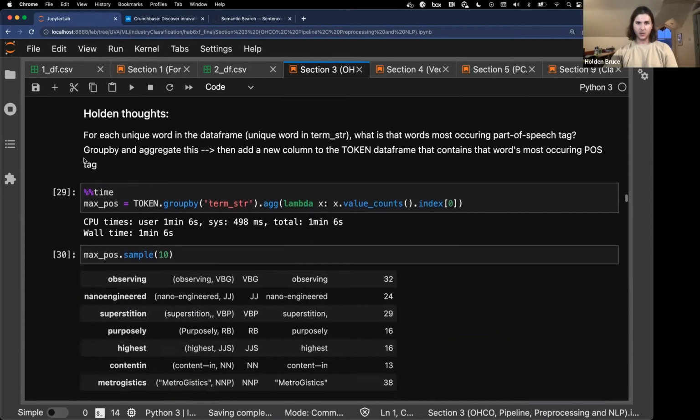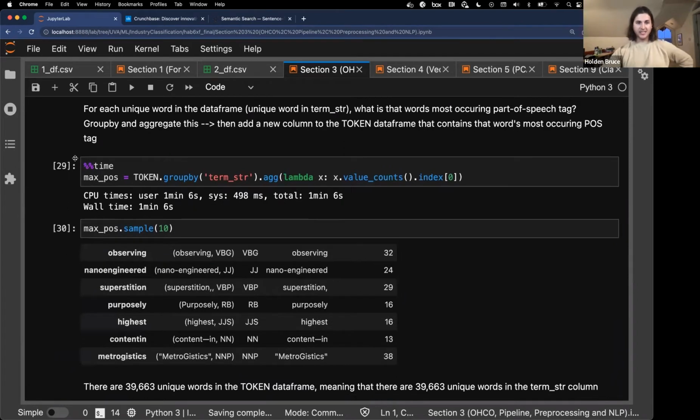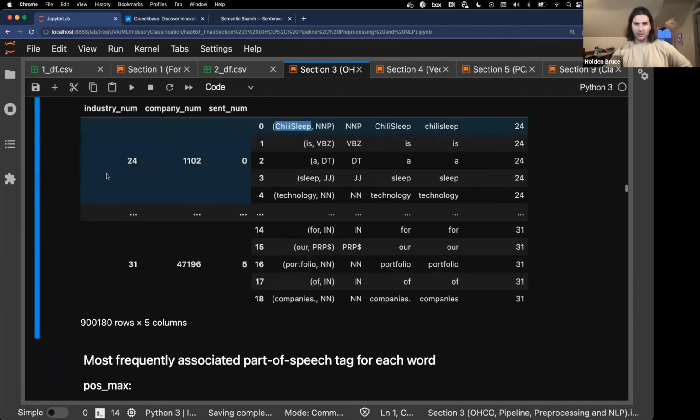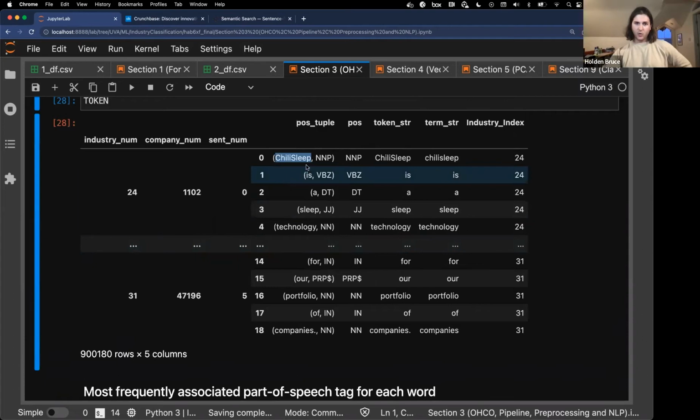An interesting way this problem is dealt with, so I'll just go back up here really quick: if we have this word chili sleep, the hidden Markov model is basically still making a guess at the end of the day. Maybe chili sleep isn't a great example, but technology is a better example because that's a noun.